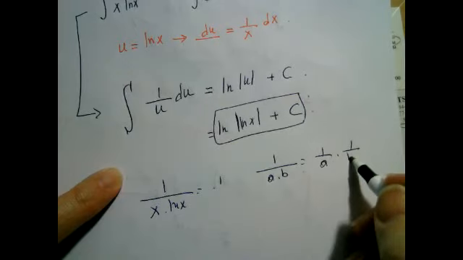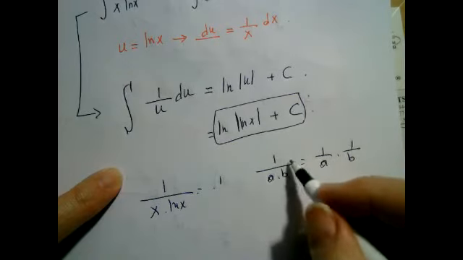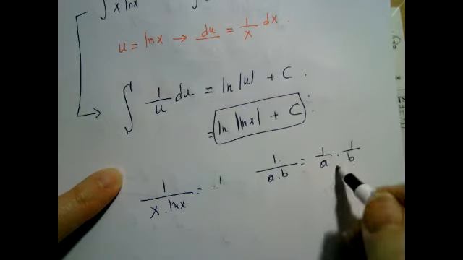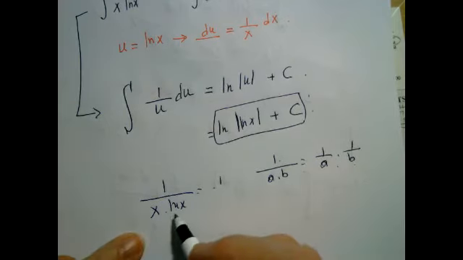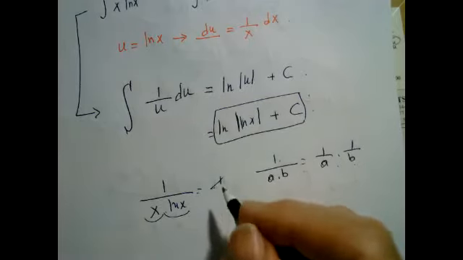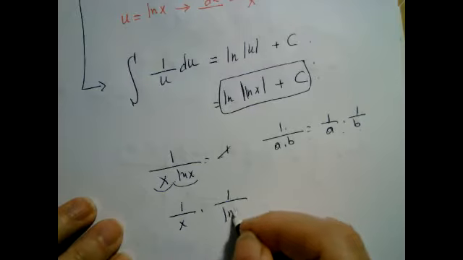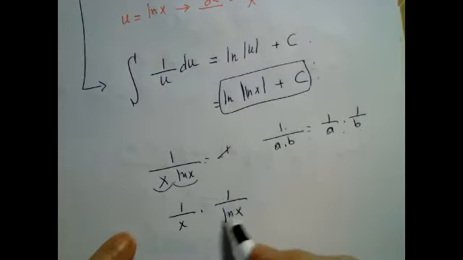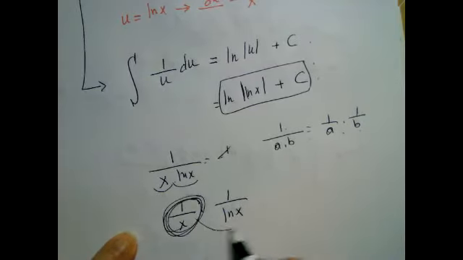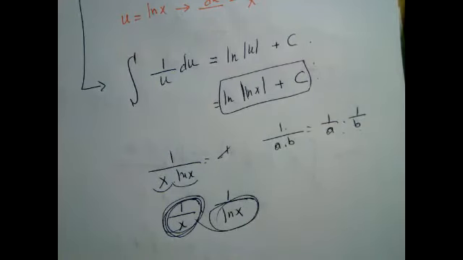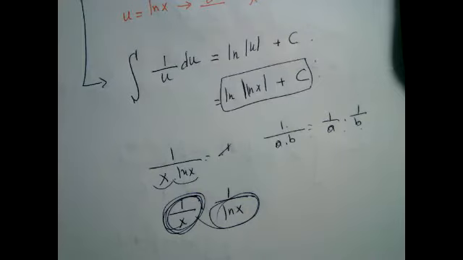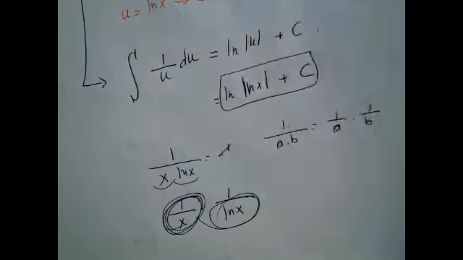Multiplying fractions is multiplying the numerators over the product of the denominators, which is a times b. That's what I'm doing here. It's 1 over x times ln, and I rewrote it as 1 over x times 1 over ln. The reason I rewrote it is I want you to see that this piece is the derivative of ln, so you can start connecting dots. Does this answer your question or not yet? Yes, it does. Thank you very much.